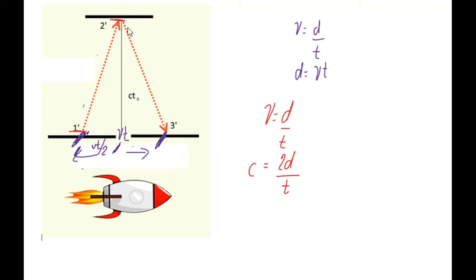But if it is only half, the speed of light is still c. The distance is equal to vt, so the speed of light is c. However, the time needed is only half, because we are only looking at this part. Okay?